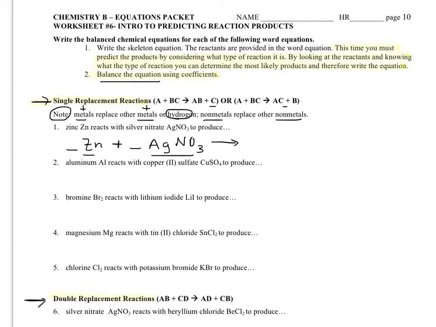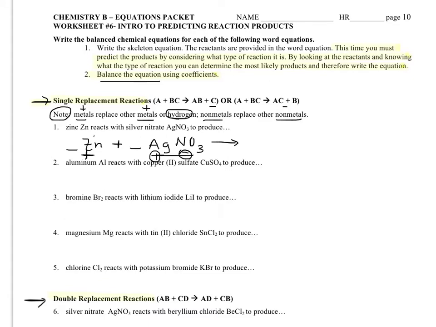So, what you need to think about is the charge of zinc. If we look up zinc on the periodic table, we see that it has a positive charge rather than a negative charge. If we look at silver nitrate, we see that it's silver that has the positive charge, while nitrate has a negative charge.